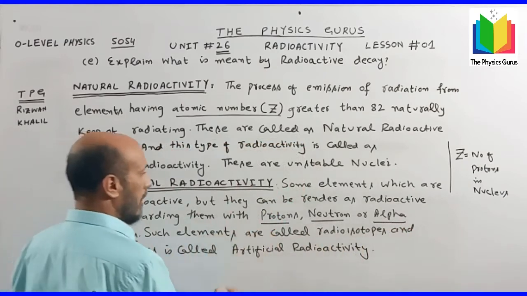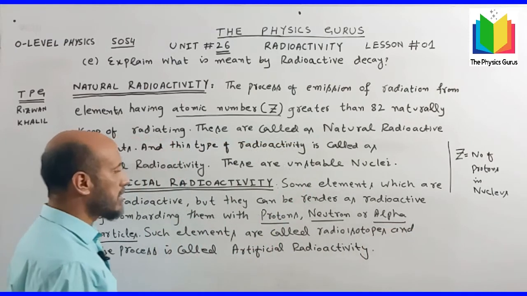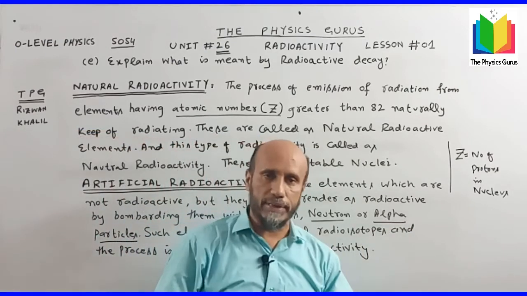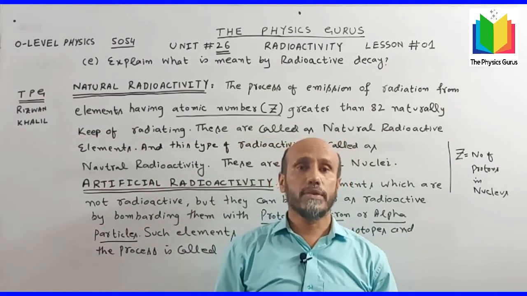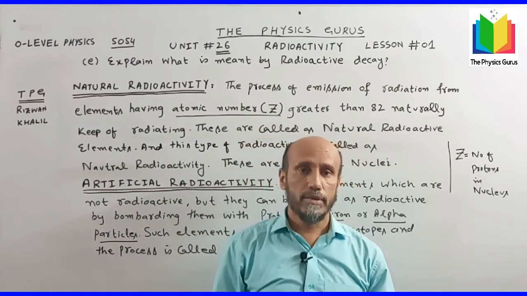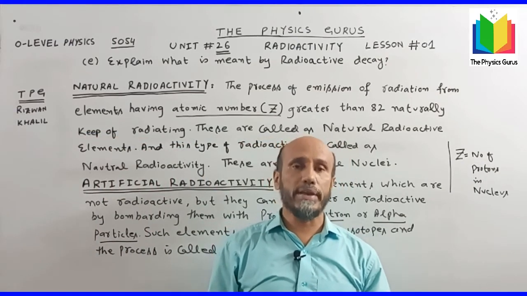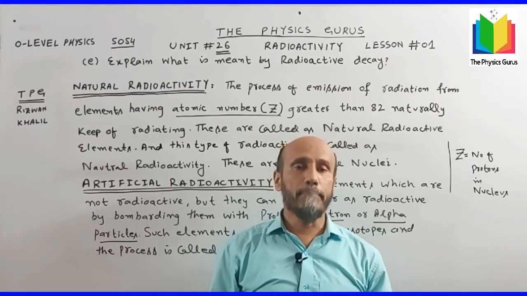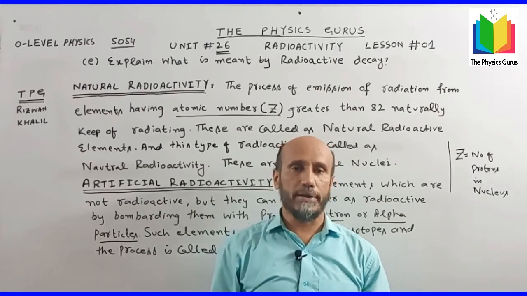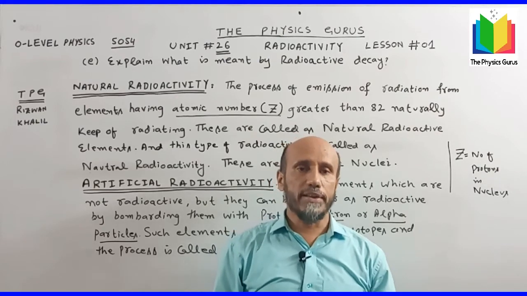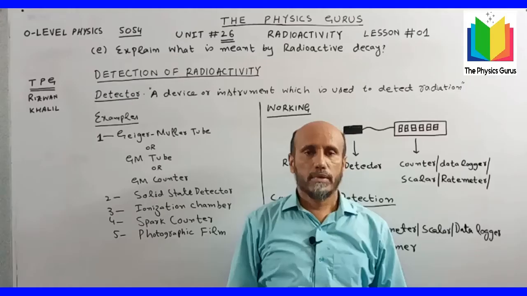Such elements are called radioisotopes and the process is called artificial radioactivity. So the elements which are not radioactive by nature can be changed into radioactive isotopes by bombarding them with protons, neutrons or alpha particles. We will discuss the term isotope in unit number 20.